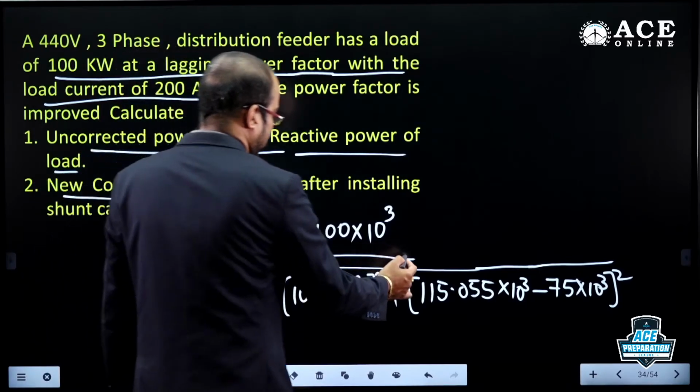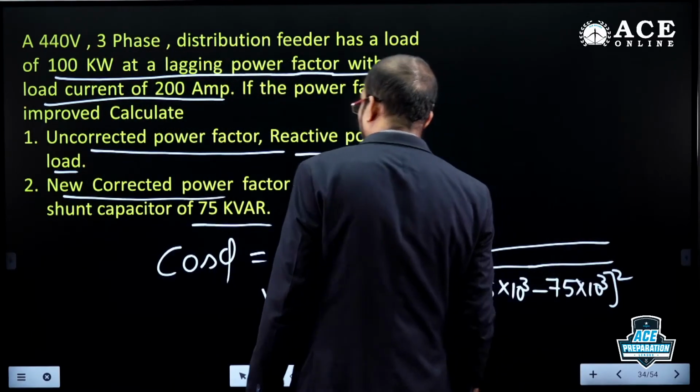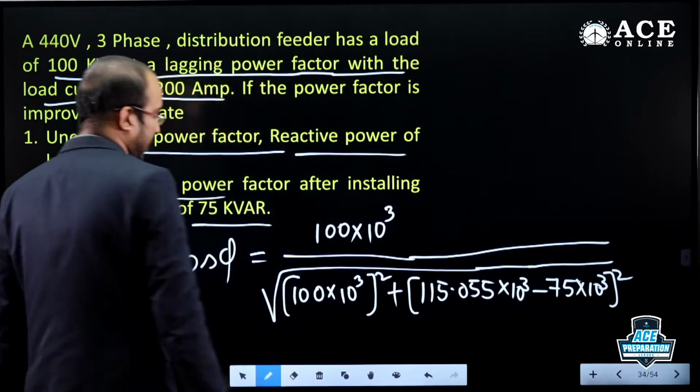If you simplify this, you will get the corrected power factor after using the shunt capacitor.